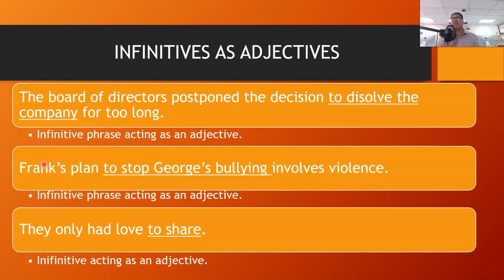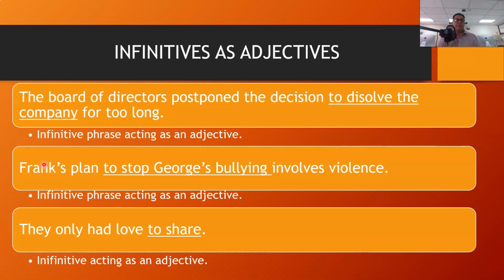We all have goals in life, or we should have goals in life. And for us to achieve these goals in life, we need to have plans, right? So what plan are we talking about? Frank's plan to stop George's bullying. As you can see, this infinitive phrase is giving me information about what plan we are talking about.